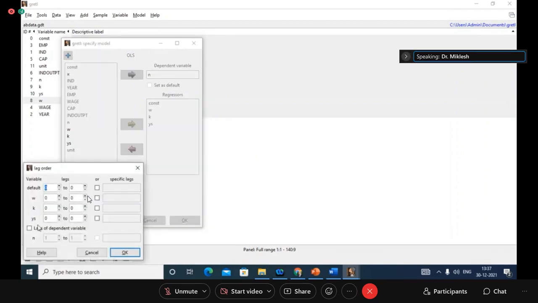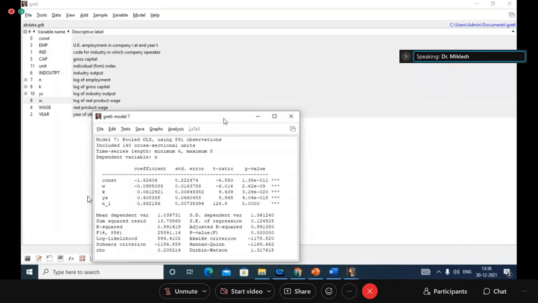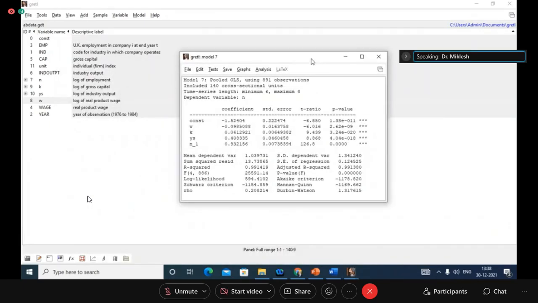In this lag, click on lag of dependent variable and press OK. And then do OK. When you do, you get the result of pooled OLS. It is clearly mentioned, pooled OLS, right?